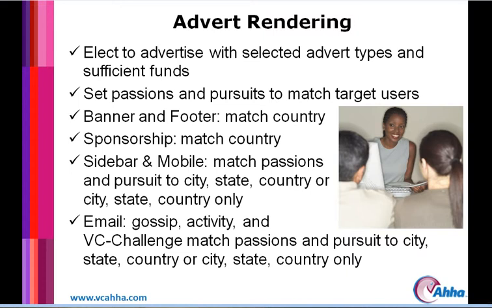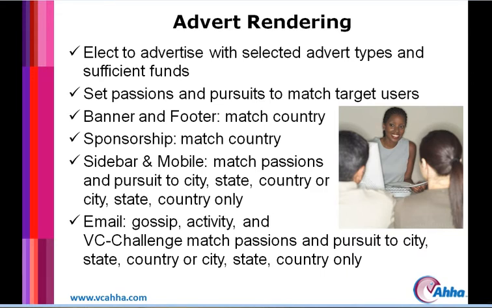What they do is, these are the highly targeted, granular micro ads. What they say is, what are the passions and pursuits set of the user? Do they match my criteria for the city, state, and country in which both parties reside?